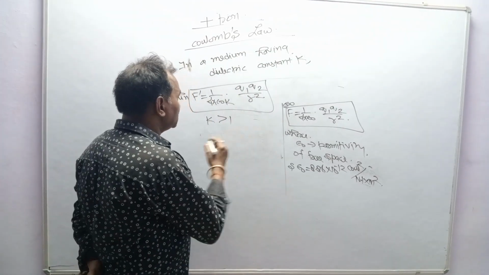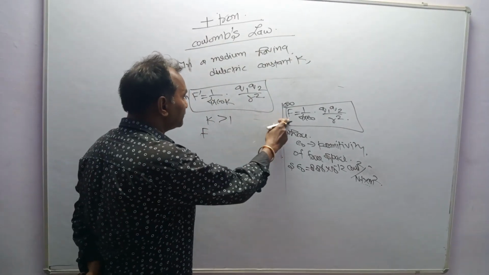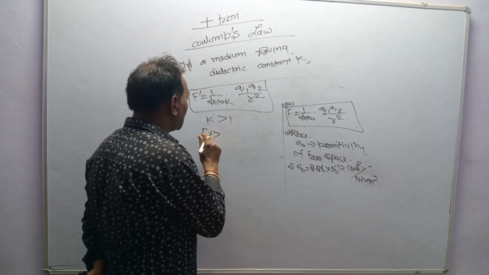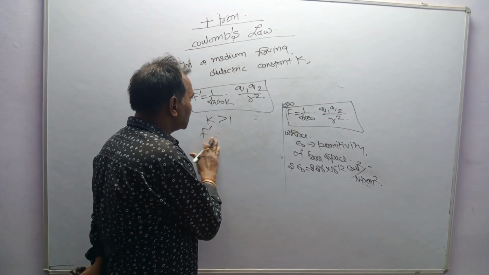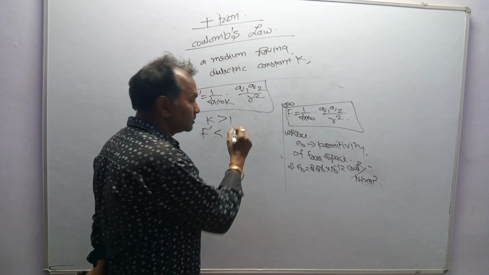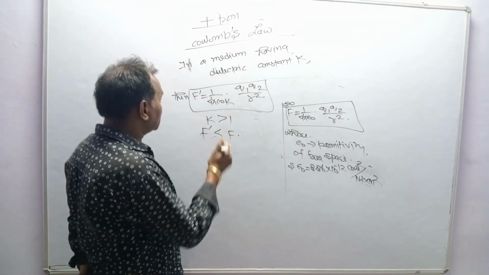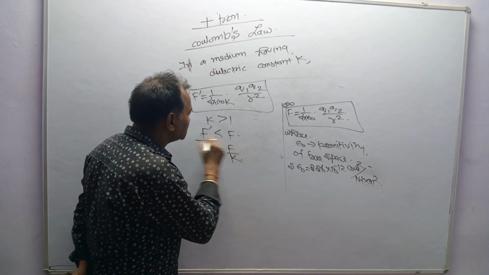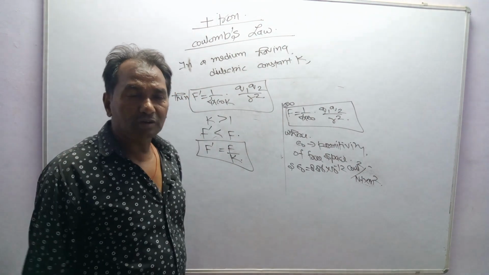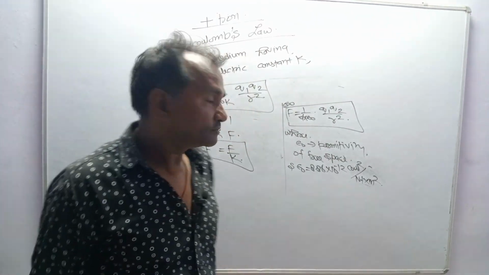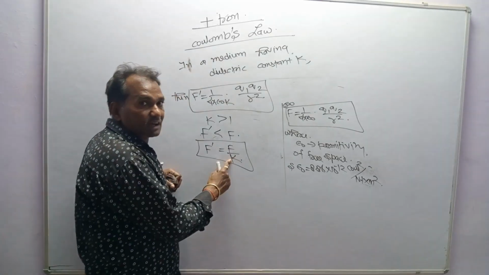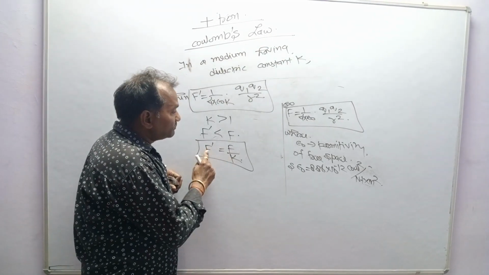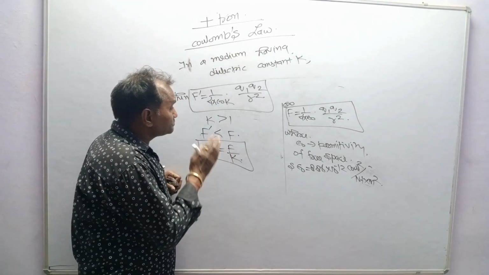Then F dash is less than F, because F dash is equal to F upon K, and K is always greater than 1. So F dash is less than F.